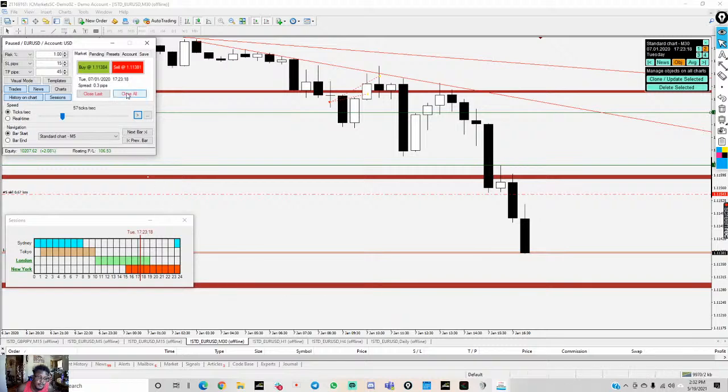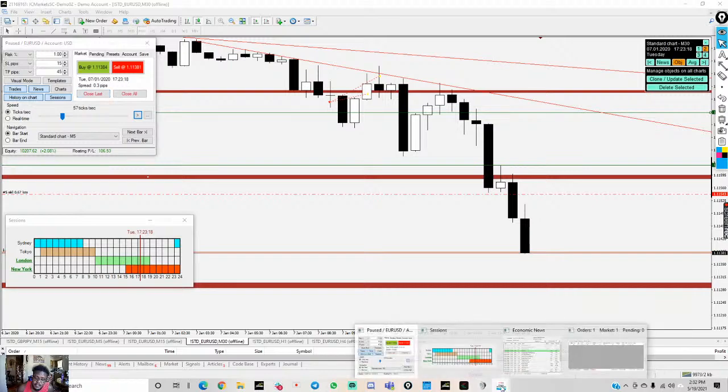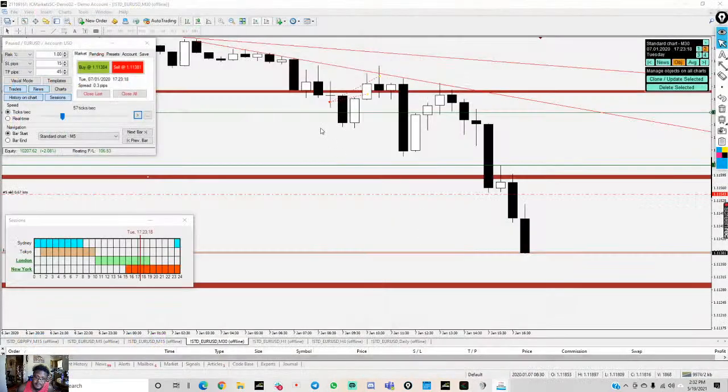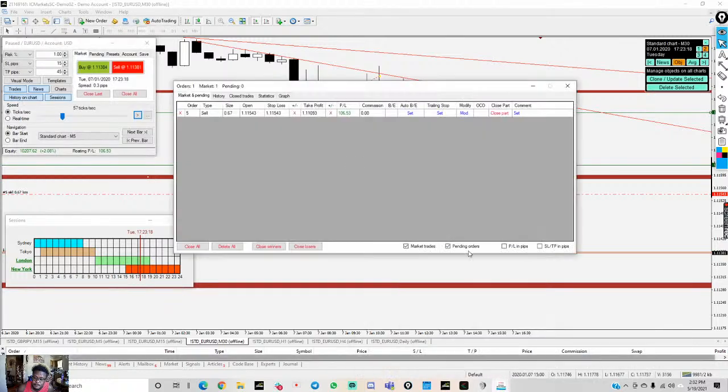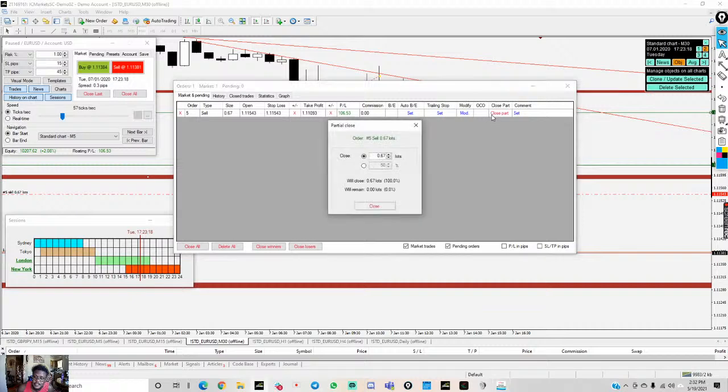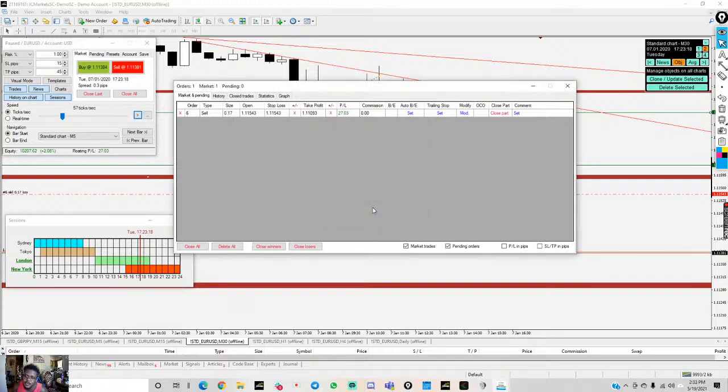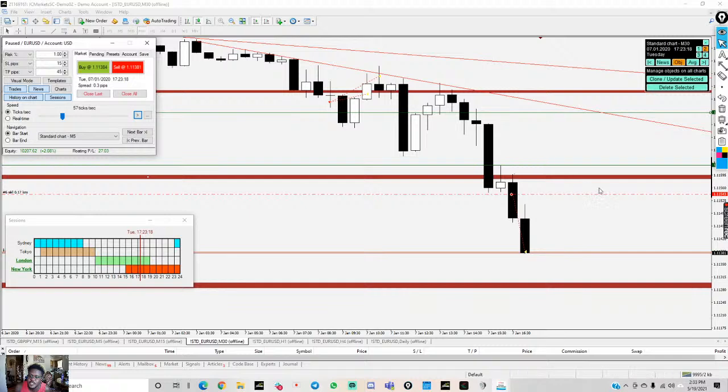What I'm gonna do now, I'm gonna secure let's do 70 to 75% of our total position. So close part, let's do 75.